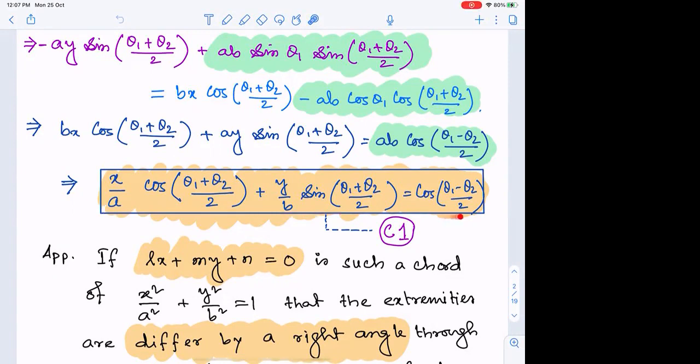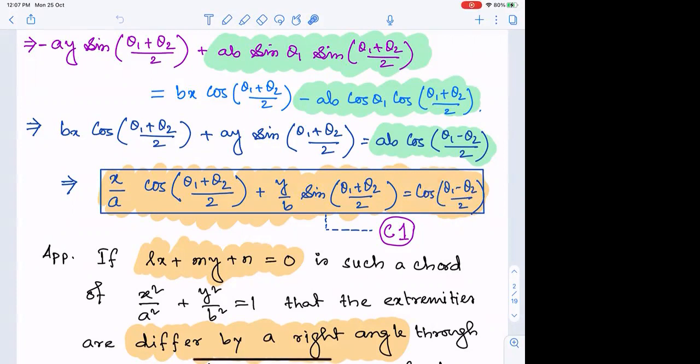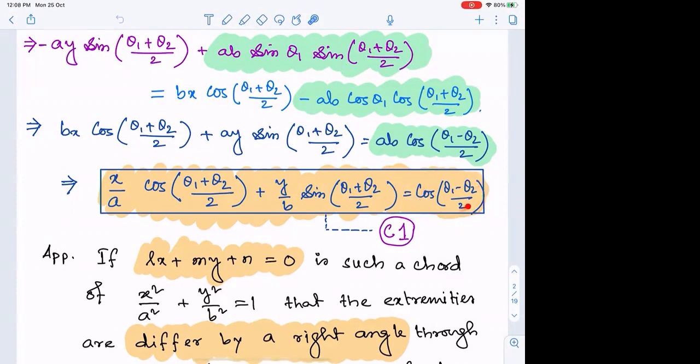We can consider this equation as x into a cos of (theta 1 plus theta 2) by 2, by a square, plus y into b sine of (theta 1 plus theta 2) by 2, by b square, is equal to the right hand side, cos of (theta 1 minus theta 2) by 2, right? Moreover, if I divide the whole equation by the right hand side, we can transform the right hand side into 1.